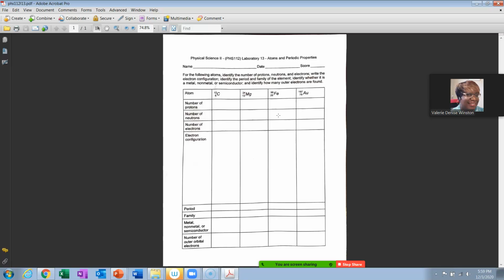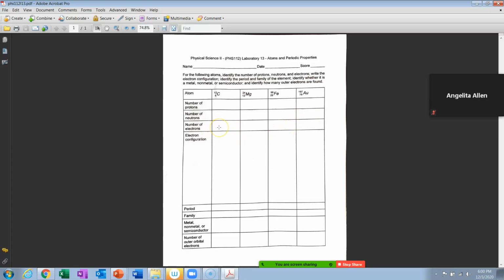I can't read my thing there. To me, that looks like 56 and 26. Am I reading it right? Okay, what's the difference in 56 and 26? 30. Okay, let me just make sure I did it right. Yep. Okay. All right. And how about gold? 118. Perfect.